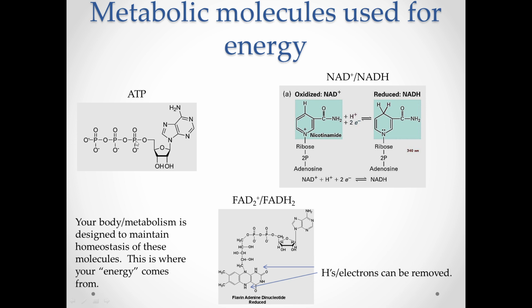Each one of these phosphate groups here, here, and here carry a negative charge. Because negative charges repel each other, when this chemical bond is broken, there is a force that's generated to push these molecules apart. That force that's generated is coupled to energy and energy metabolism. So ATP is a high energy molecule in your cell.